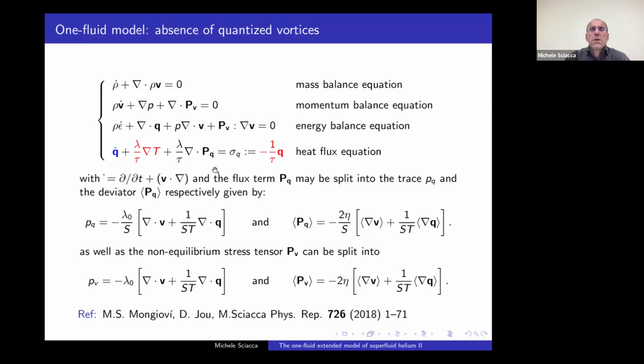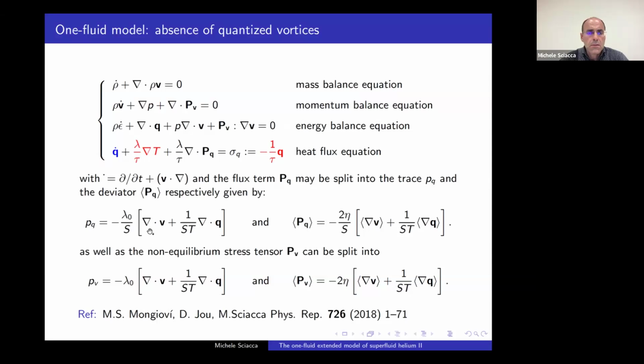And from applying the procedure, of course, it's quite heavy to explain, but just to give an idea, we arrive at this expression for the non-equilibrium stress tensor, where lambda zero is the bulk viscosity, and eta is instead the shear viscosity.